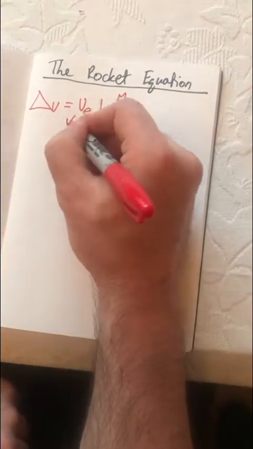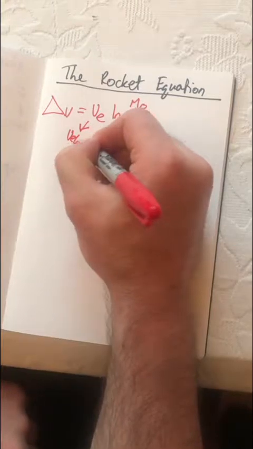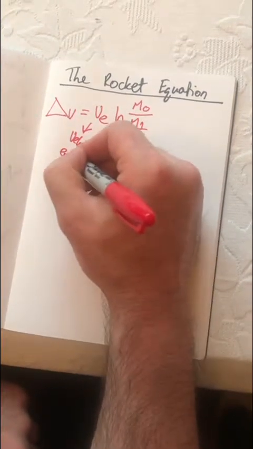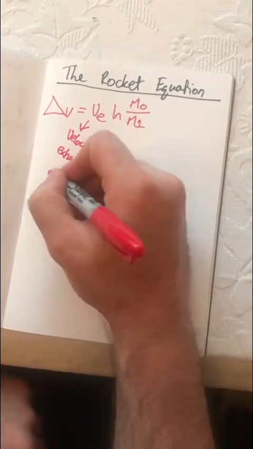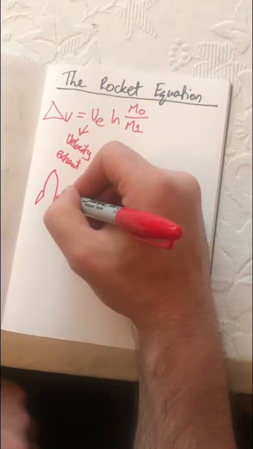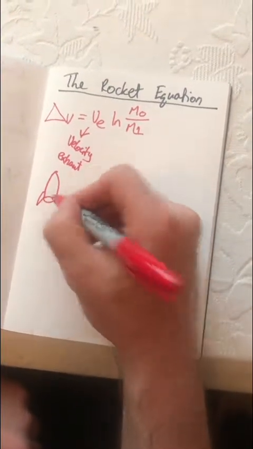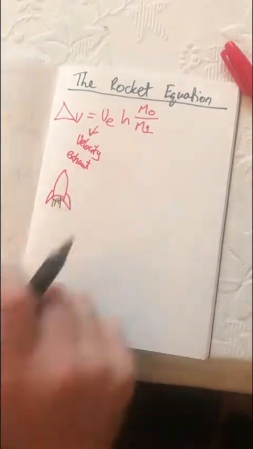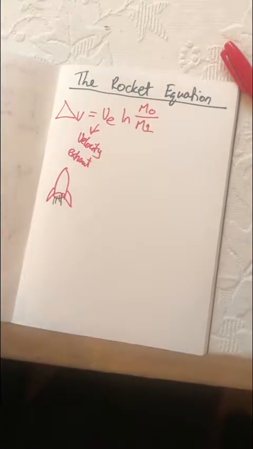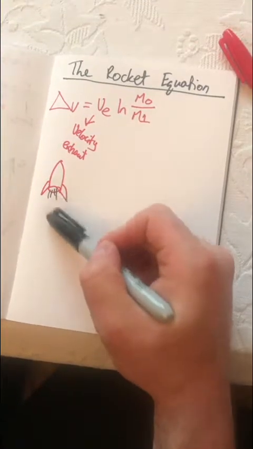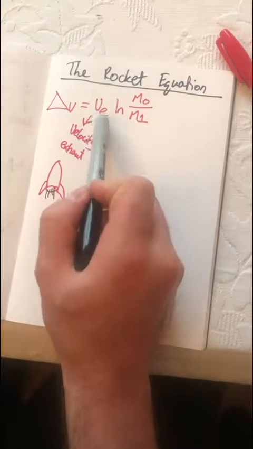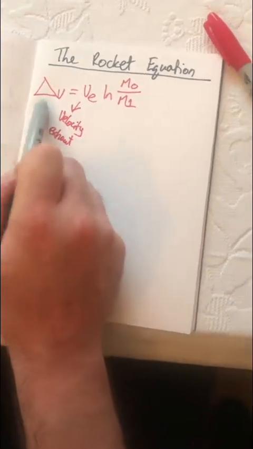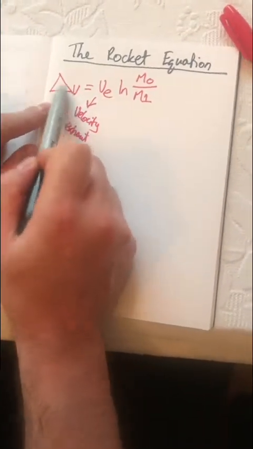VE is the velocity of the exhaust. What that means is you're going to have the rocket, and out of the bottom of the rocket, you're going to have loads of fuel coming out. Now, the rate at which the fuel comes out, how much fuel you can push out as quickly as possible, is going to change the velocity.